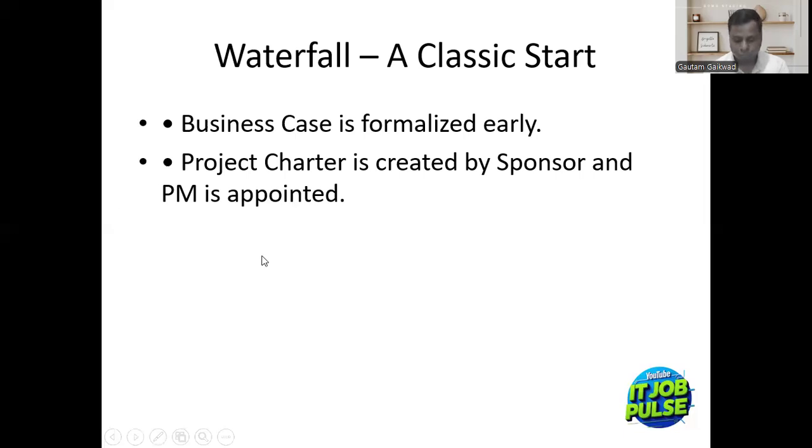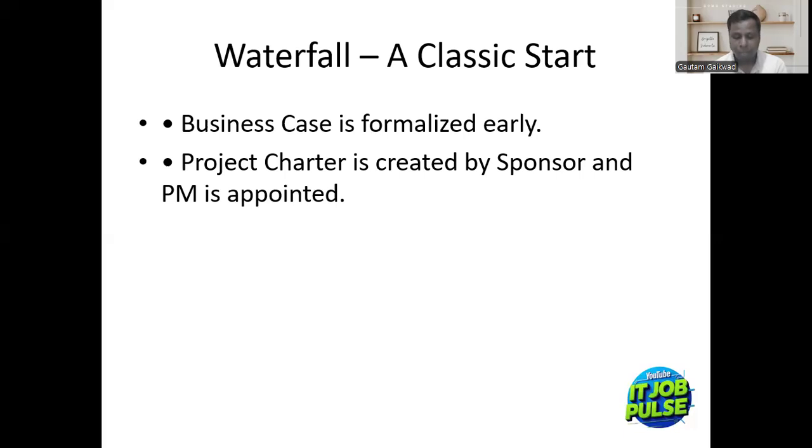So why cost benefit analysis? Because we need to understand the feasibility from the cost point of view. Technical feasibility will come afterwards, but first we need to understand whether we have enough budget, enough room to do this project.